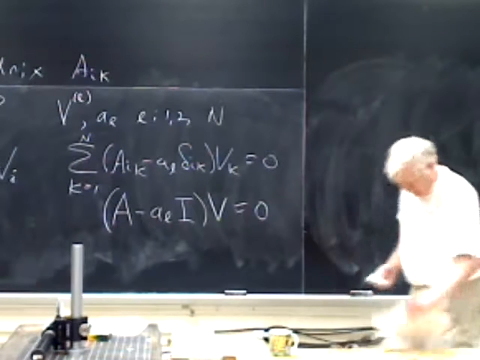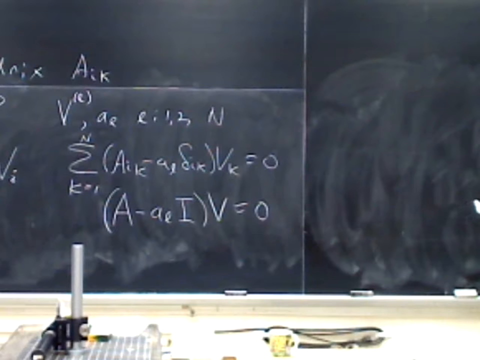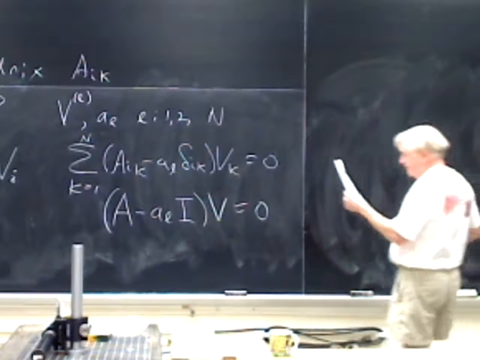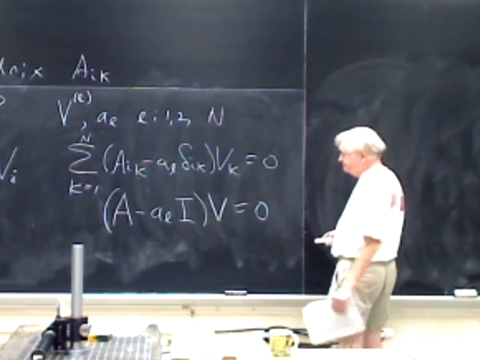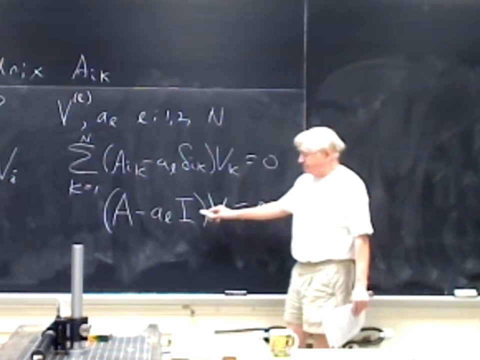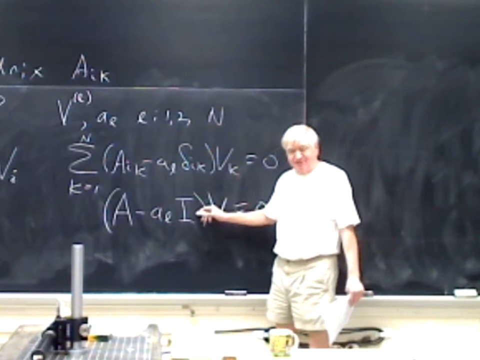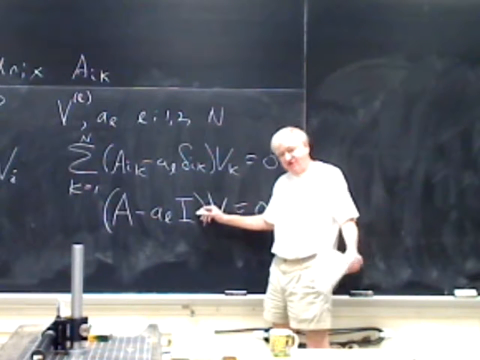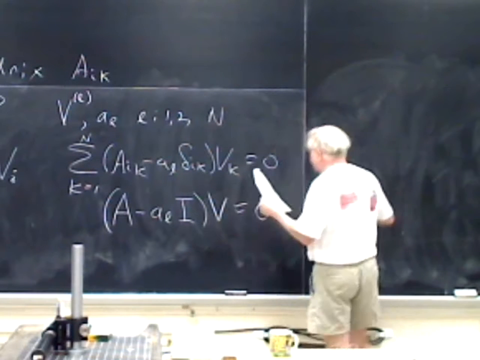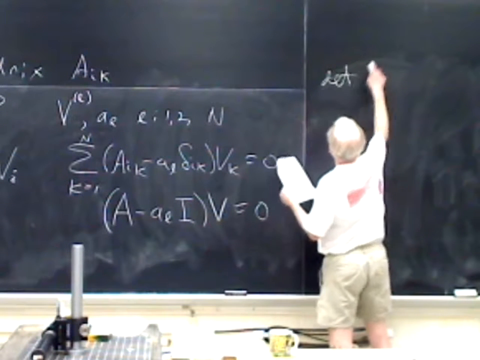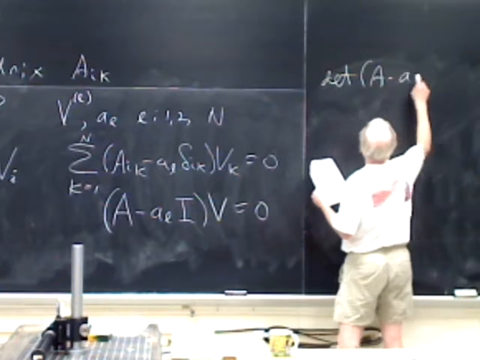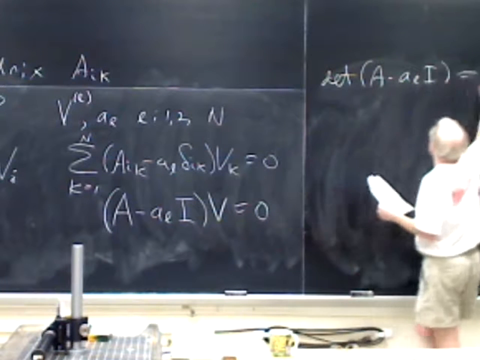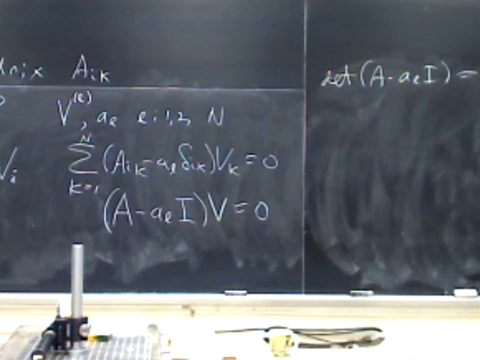Okay. But on the other hand, we've analyzed this in the past, namely the columns of a matrix are linearly dependent if and only if the determinant of the matrix is 0. So that means that the determinant of the matrix A minus a_L I has to be 0.